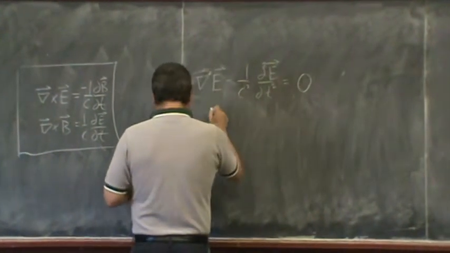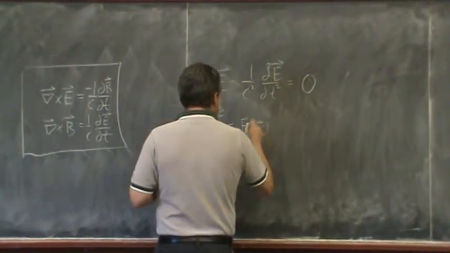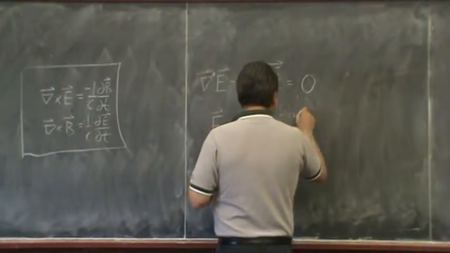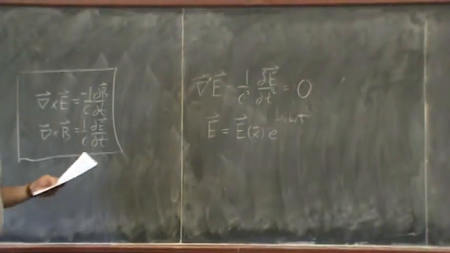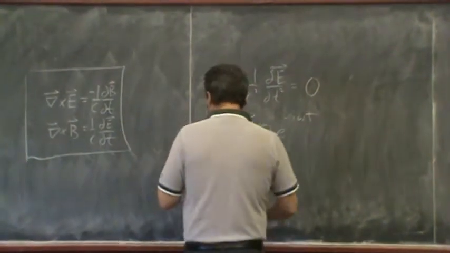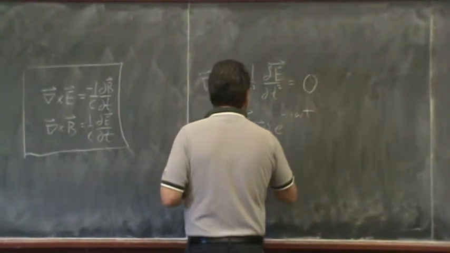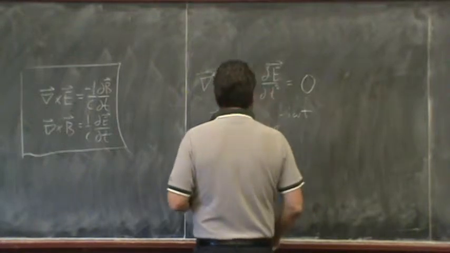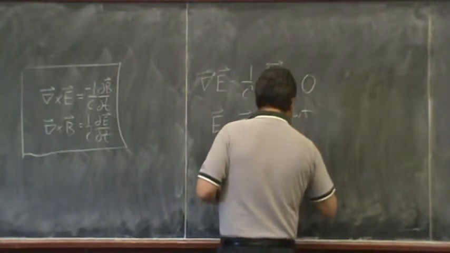The magnetic field will be the same. A space part and a time part. And so the wave equation is going to look like this. Del squared E minus omega squared over c squared E is equal to 0.